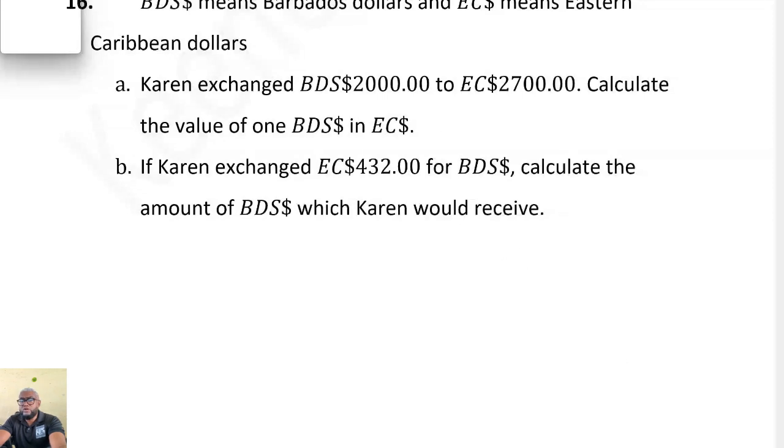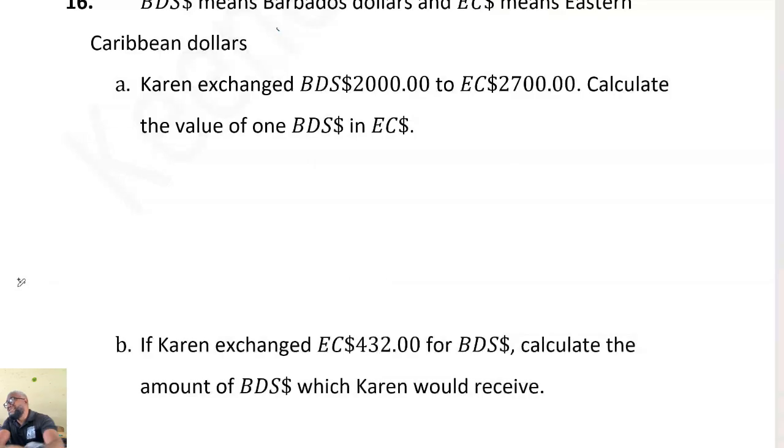All right, let's go. So, BDS means Barbadian dollars, EC means Eastern Caribbean, right? Now, current exchange rate: Barbados $2,000 to EC 2,700. Calculate the value of one Barbadian dollar to EC, right?